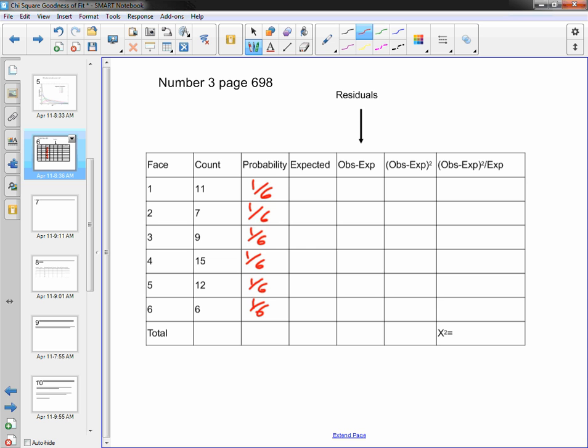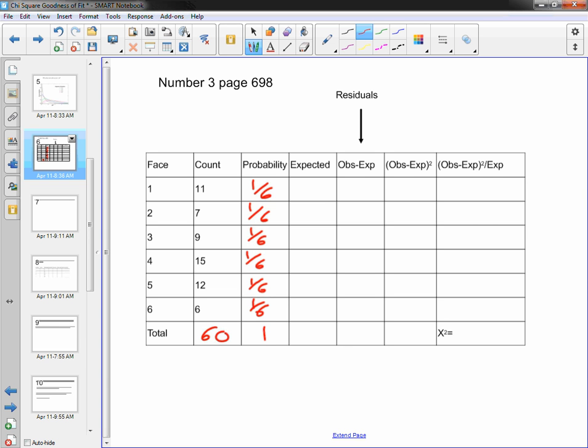Because we just have 1 die. We're going to use the probability to figure out the expected number, not the expected probability. So for the count, remember how many times did he actually throw the die? So this count should be 60. The total probability should come out to be what? 1.